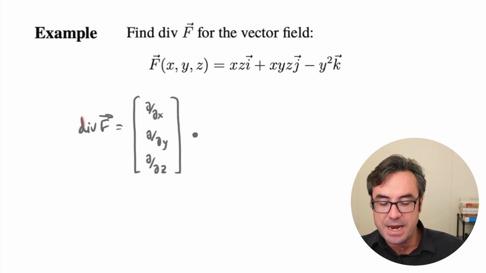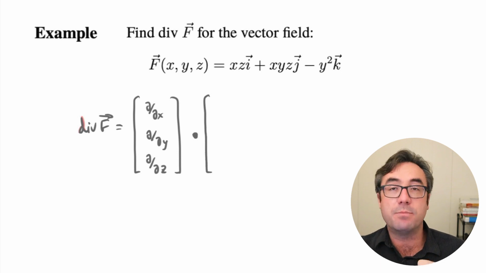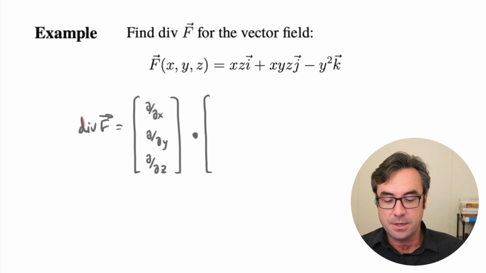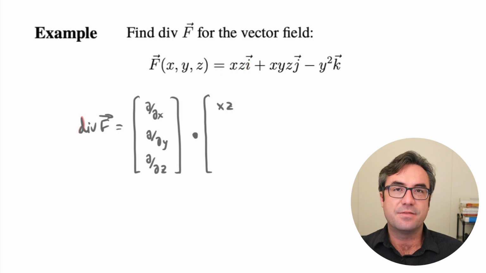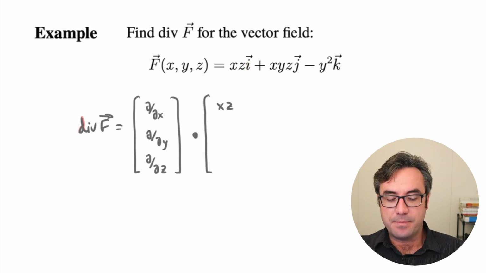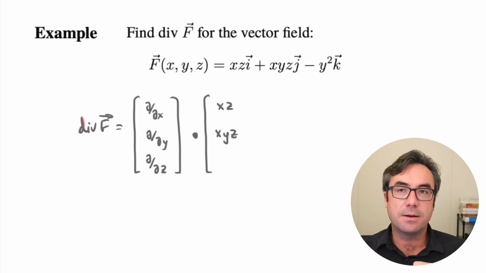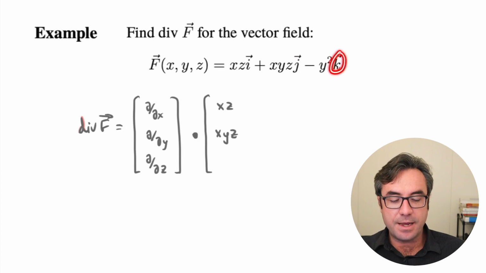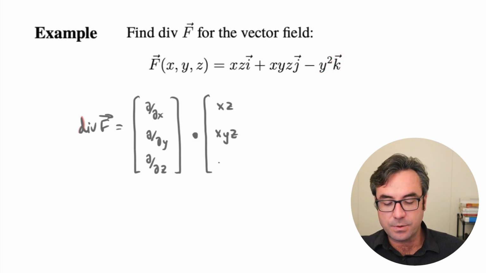And we're just doing the dot product with the components of our vector field. So xz in the first spot, and then the second component function is xyz. That's from our j component piece there. And then for k, the component is negative y squared, so that's going to go last.